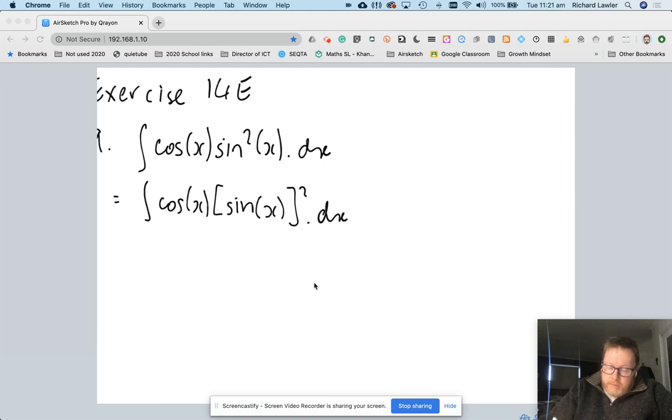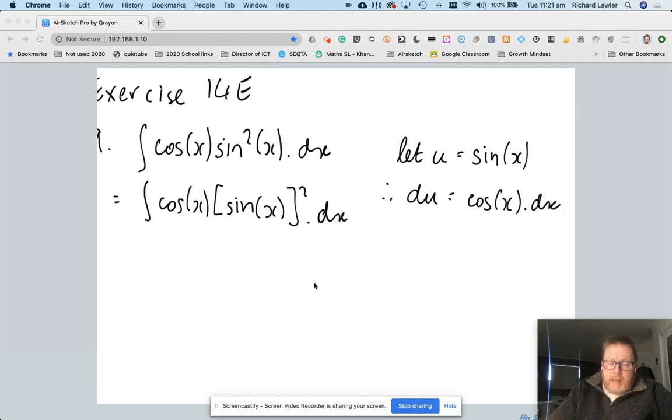So we've got, let u equal sine of x, the inside function. Then du is equal to the derivative of sine, which is cosine x with respect to x.